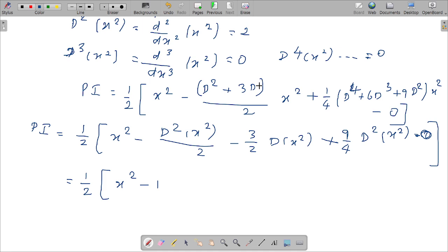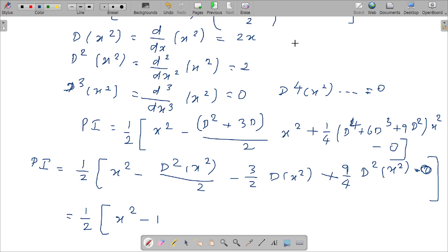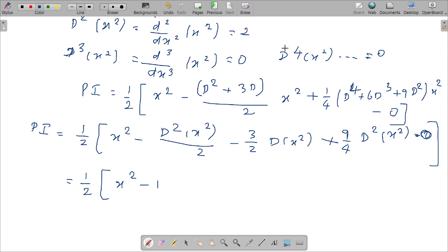D of x square, what is it? D of x square is 2x. So minus 3 by 2 times 2x, plus 9 by 4.